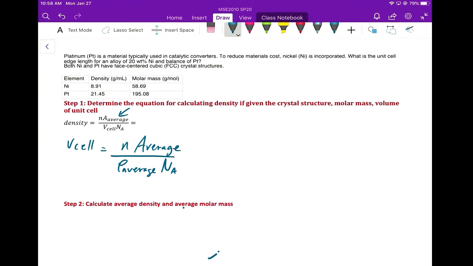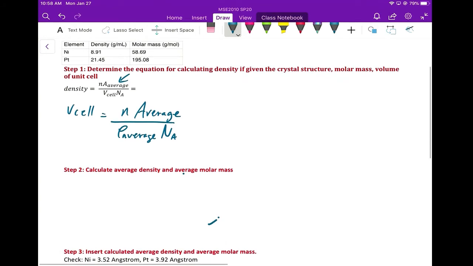Okay, so let me rearrange. We know that if we're given the weight percents, we can calculate what the average molar mass is going to be. So this is just the molar mass average.